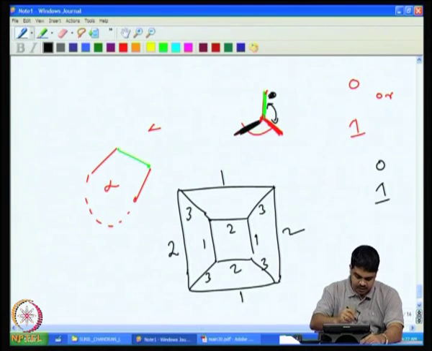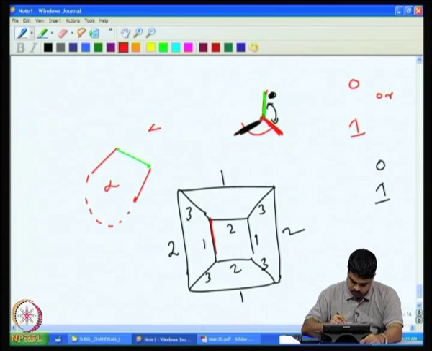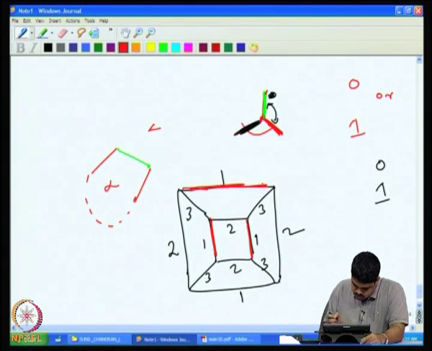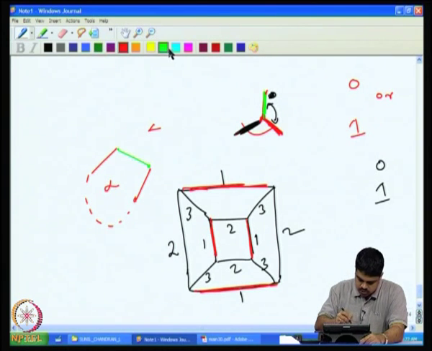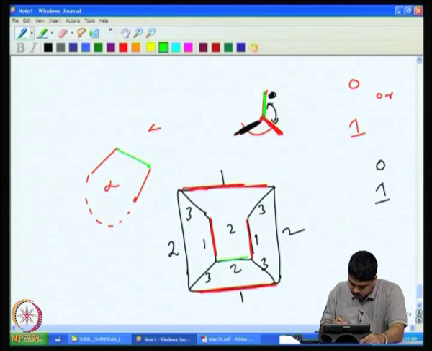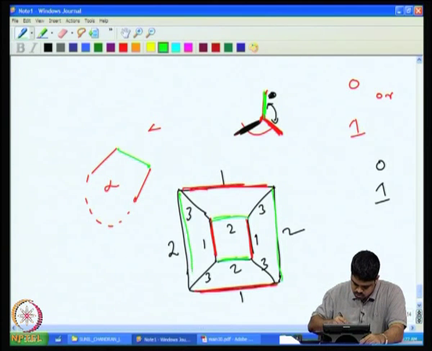This one, when I say 1, you can say all these ones are reds, and all these 2s can be greens, and the 3s, let it be black.